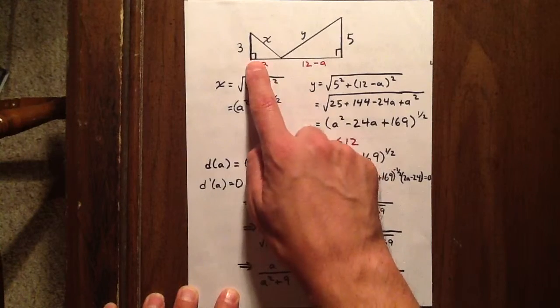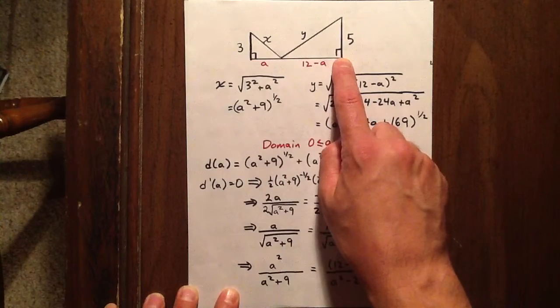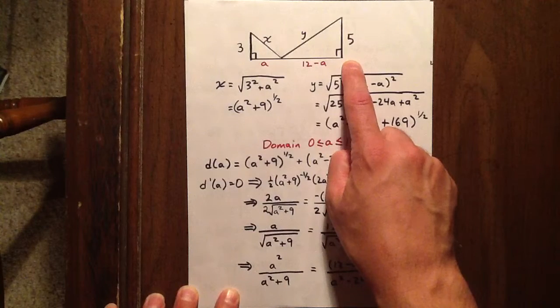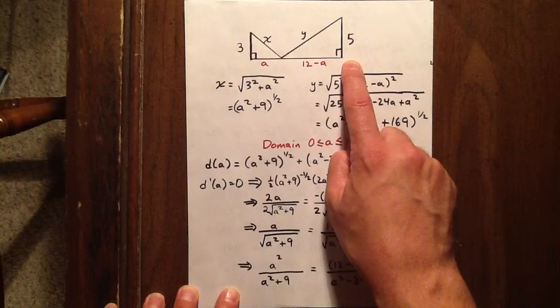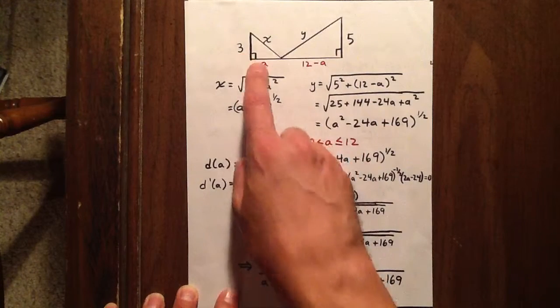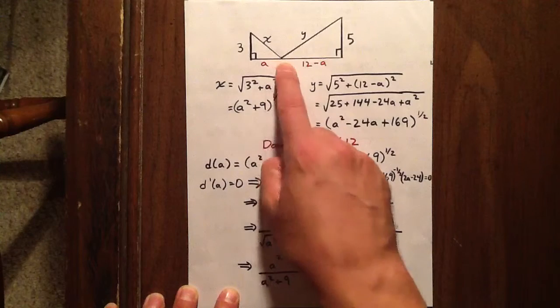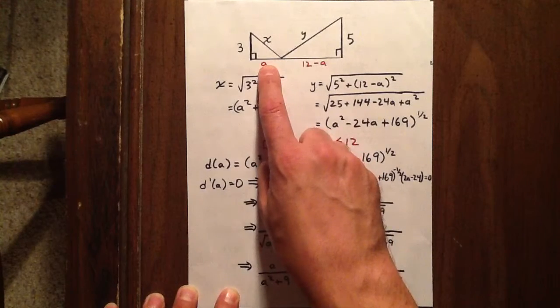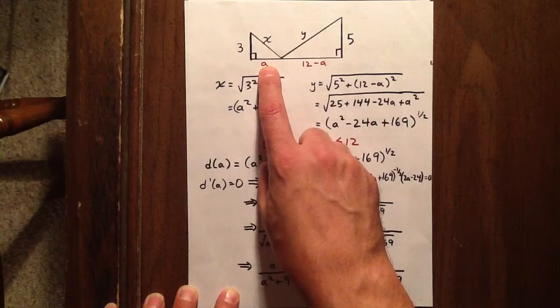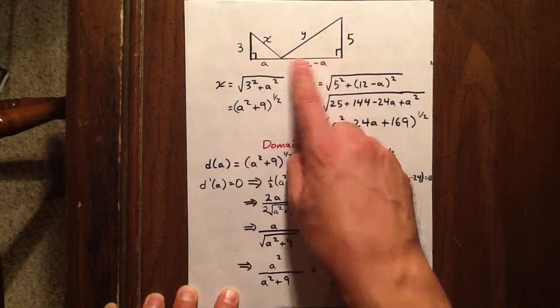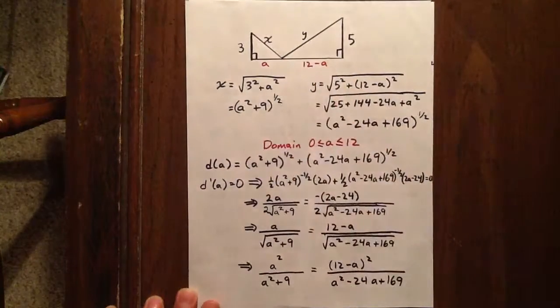If you take this base that's 12 units long, and divide it into 8 equal parts, each one of those parts would be 1.5. So 3 of those 1.5s will be out to here. So in other words, a will be 3 times 1.5, which is 4.5. And 5 of those 1.5 unit parts will be this part here, which means this part would be 7.5.